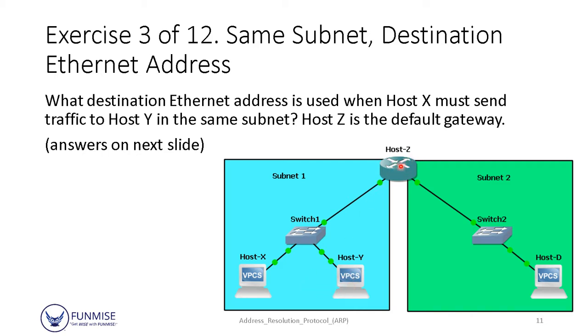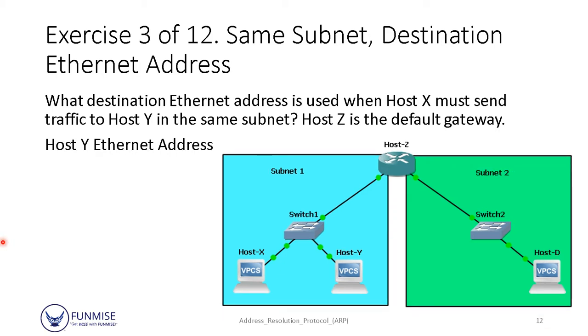Host Z here is your default gateway. In this case, for host X to send traffic to host Y inside this same subnet, host X will send the traffic to the Ethernet address of host Y.